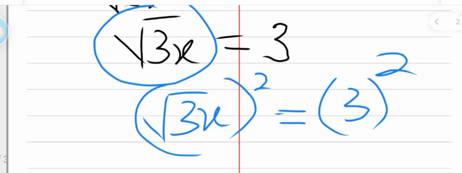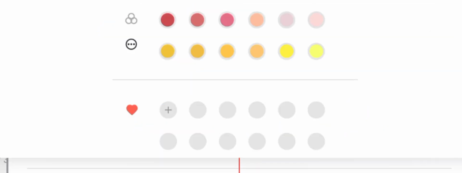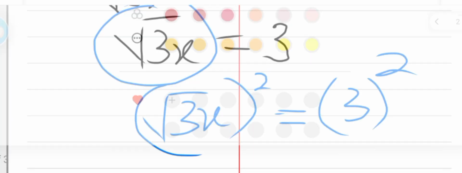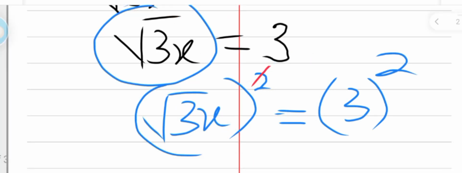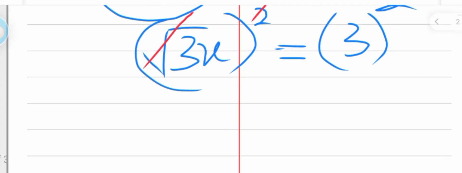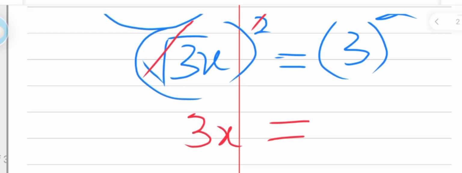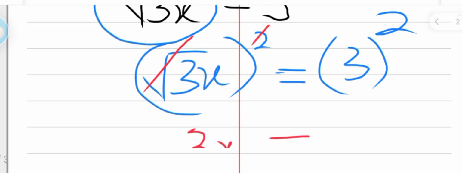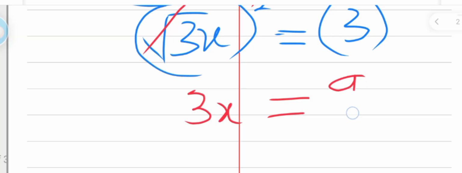In doing that, our square, which is the power 2, helps us to cancel this root sign here. When that is done, you'll be left with 3x, and that will be equal to 3 to the power of 2, which is 9.